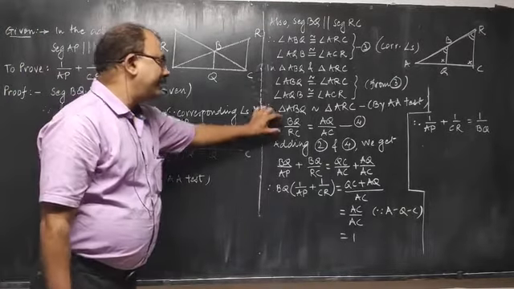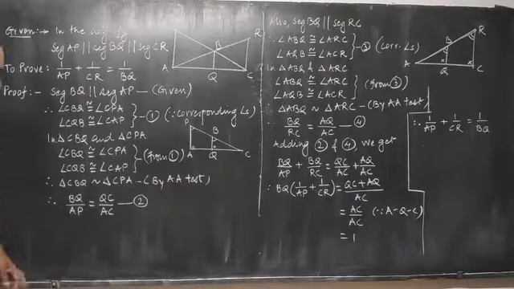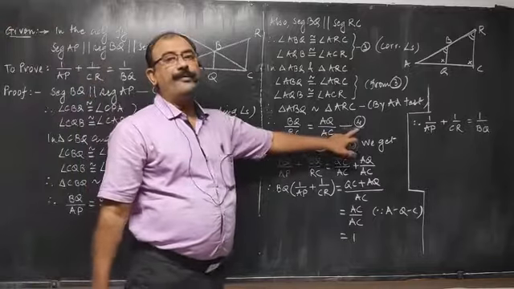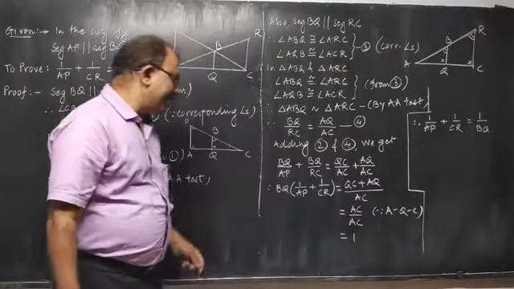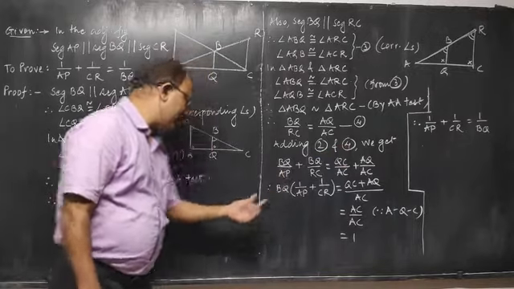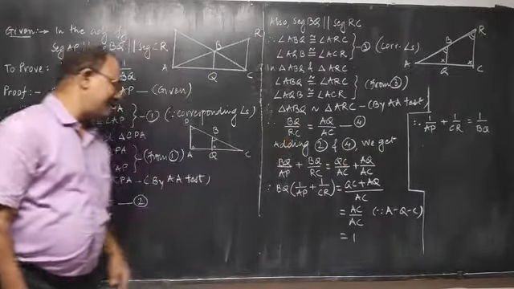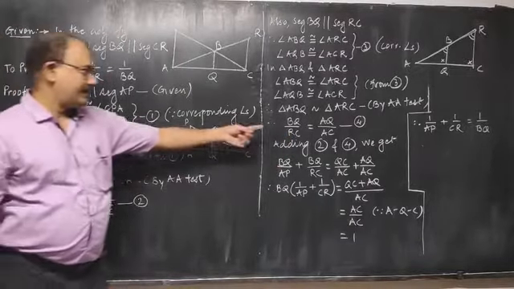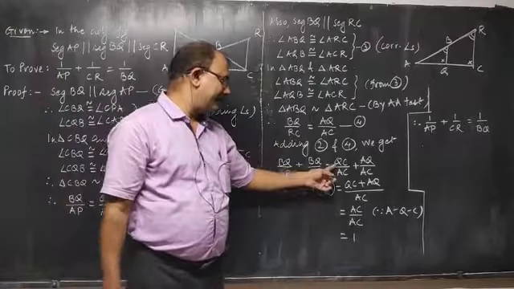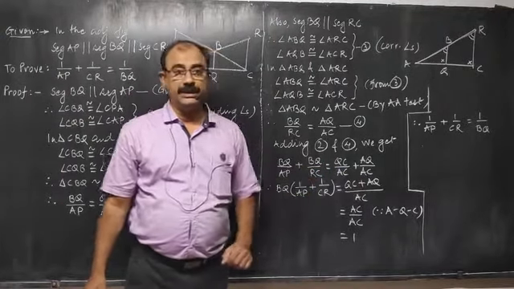Now, after getting this result, I am going to add equation number 2 and equation number 4. Let us add. Adding 2 and 4, we get BQ upon AP, which is this ratio, plus BQ upon CR, that is this ratio, okay? Then you have to add the right hand sides also. If you add right hand sides, you get QC upon AC plus AQ upon AC.